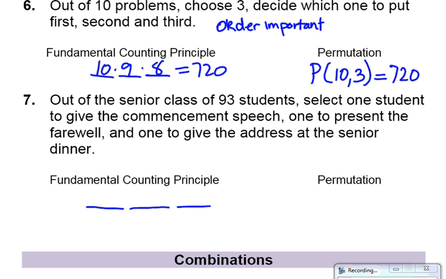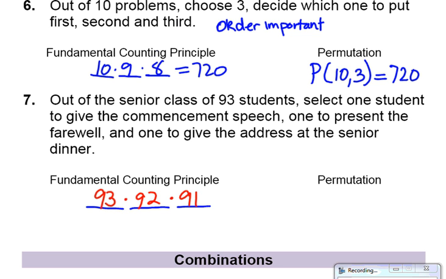I have 93 choices for my first decision. After that person is chosen, I'm left with 92 people to choose between, and then 91. So my answer is going to be 93 times 92 times 91, which you can put in your calculator.